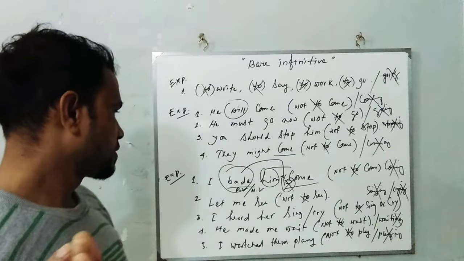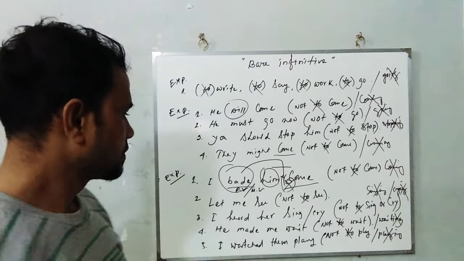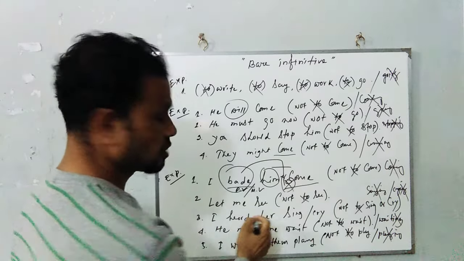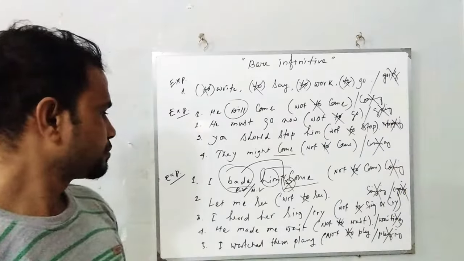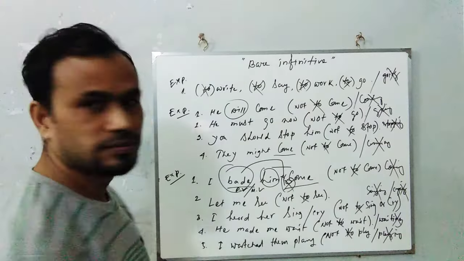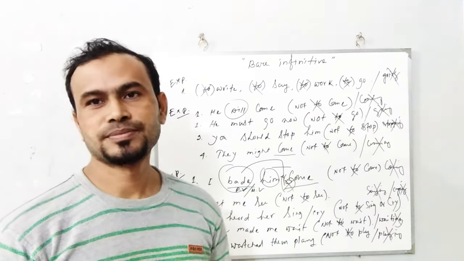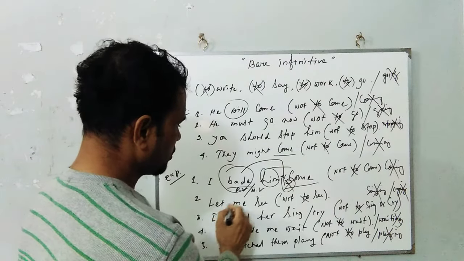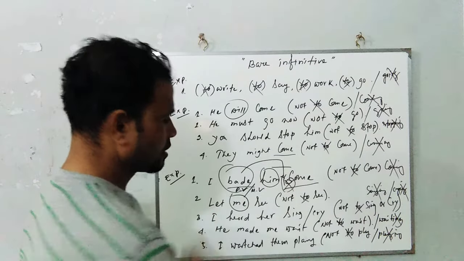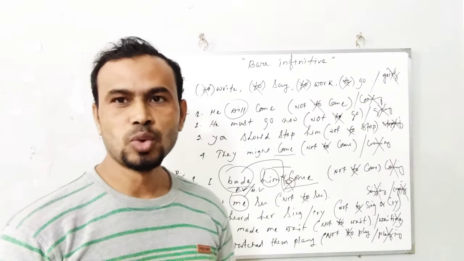Next sentence: let me see. We cannot use "to" here. "Let me to see" is not correct. So: let me see. After the verb, I think you can imagine another rule.